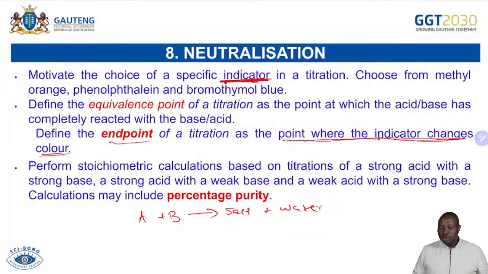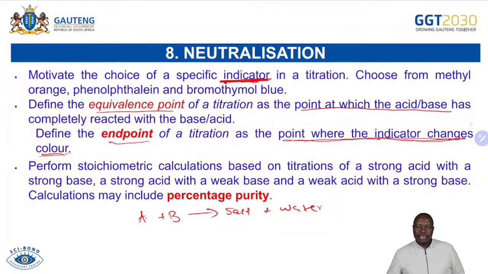But we have another point which is called the equivalence point, which is the point at which the acid has completely reacted with the base, or the base has completely reacted with the acid. So when you reach the end point, the indicator will change color, and then we'll have what is called the equivalence point, which means that all the acid has completely reacted with the base.